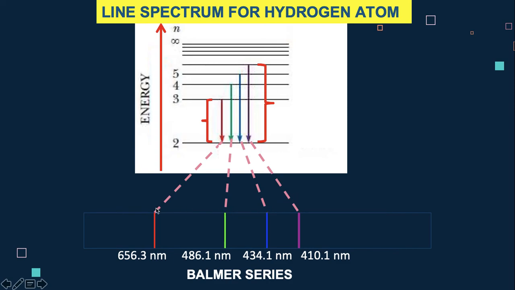So the lines become closer. The first transition, n equal to 3 to n equal to 2, is the line on the left because it is the furthest from the other lines.